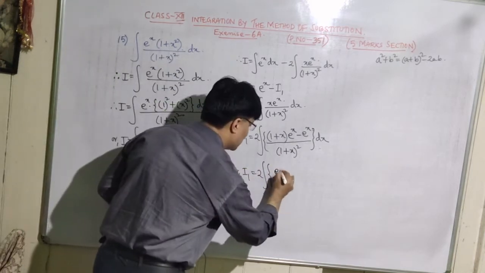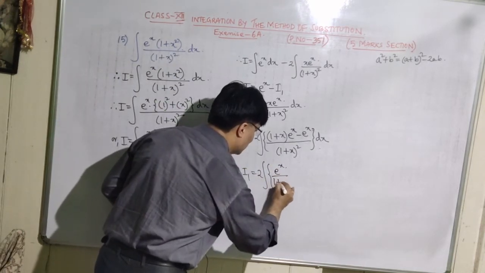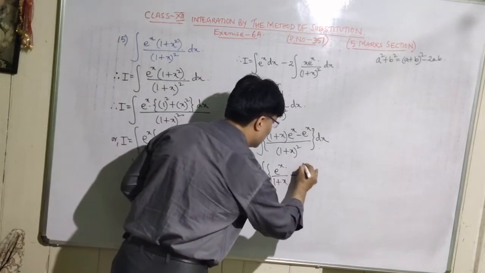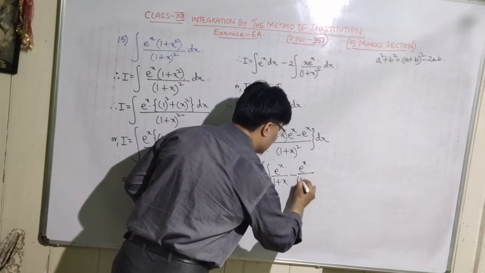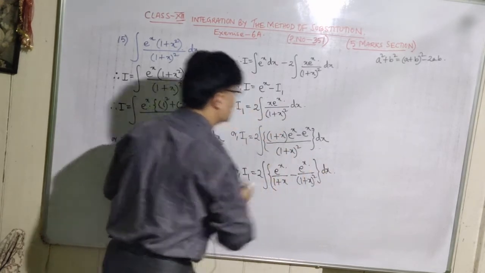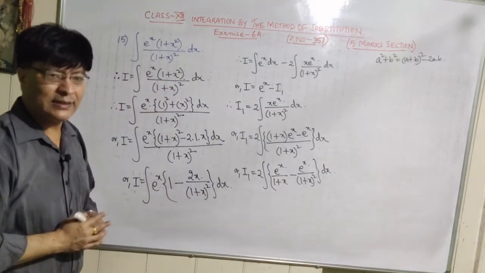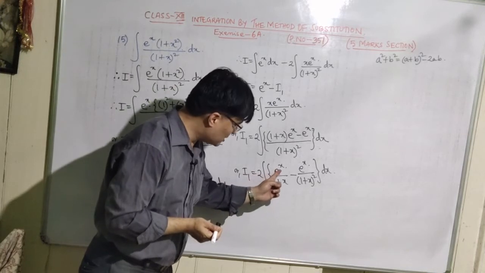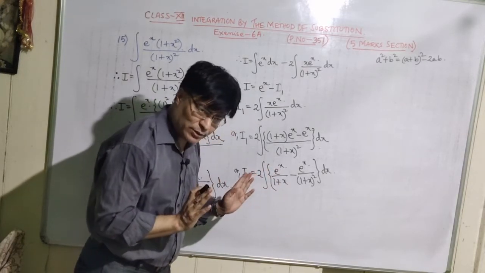So what do we get? E to the power x divided by 1 plus x. Then minus, what do we get again? E to the power x divided by (1 plus x) whole square. Second bracket closed. Then what do we get? Dx.